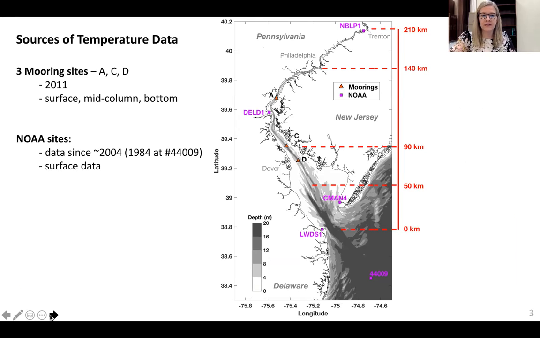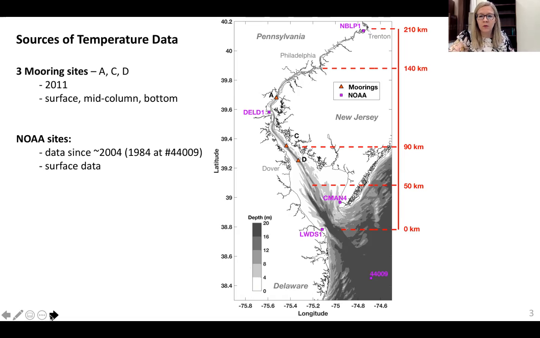Here's another map of the study site, and I'm showing the different sources of temperature data that we are going to use. So the red triangles show moorings, 3 moorings, the A, C, and D site. These moorings were deployed for the majority of 2011, and they include temperature sensors at the surface, mid-water column, and near the bed.